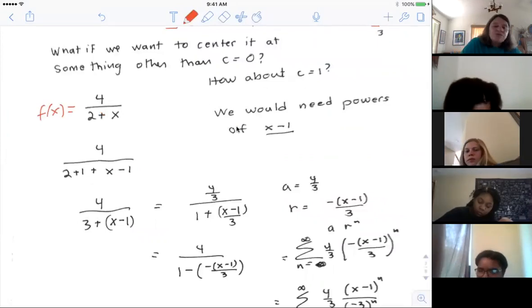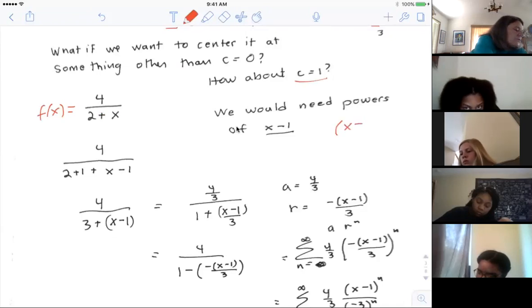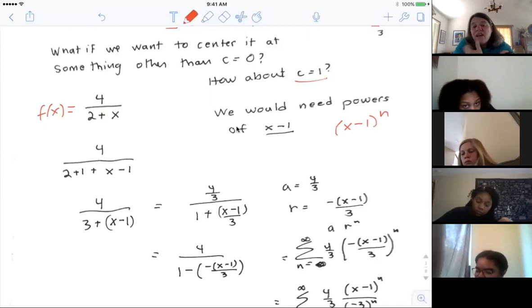We saw that in the power series. Suppose I wanted to center it at 1. I would need powers of x minus 1 in it, guys. Anybody agree with that? That's what we did with all those power series in the last section.